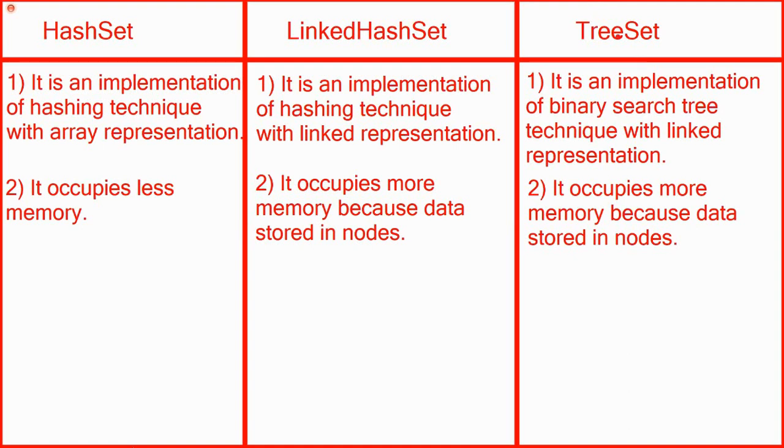This class name is tree set, but the representation method is linked only. That is the reason for more memory. Here, one is array representation hash set, one is linked representation hash set. But tree set, array representation is not there. They prepared only linked. Okay.